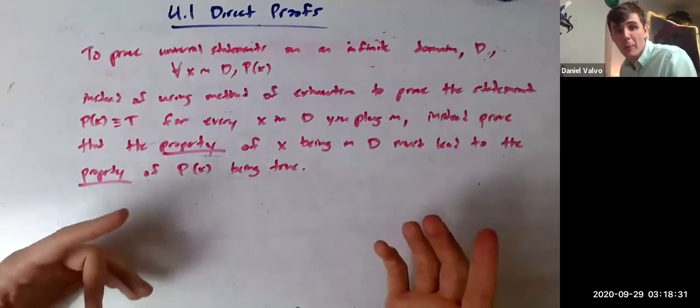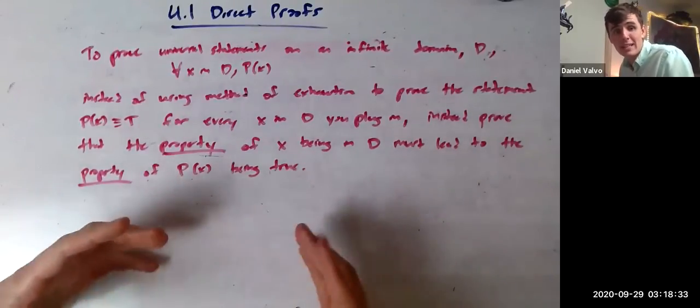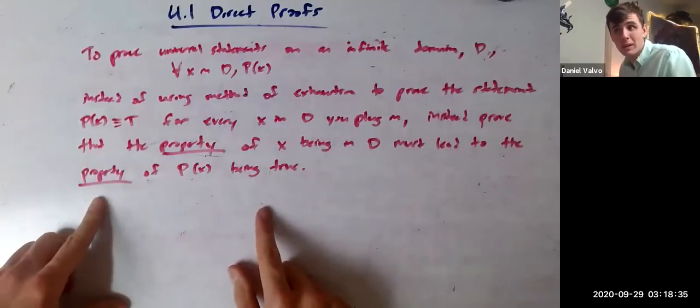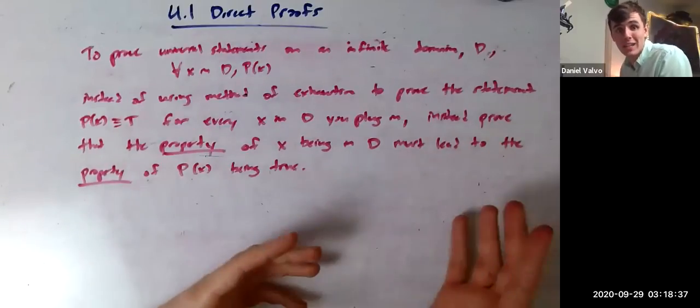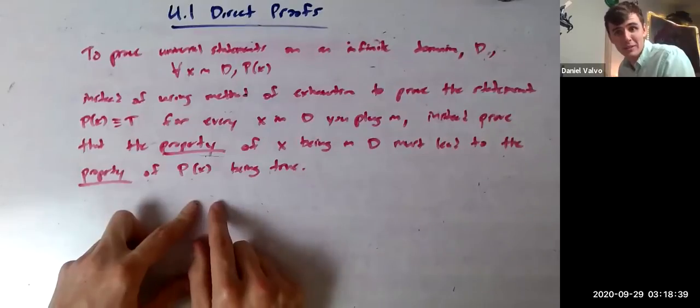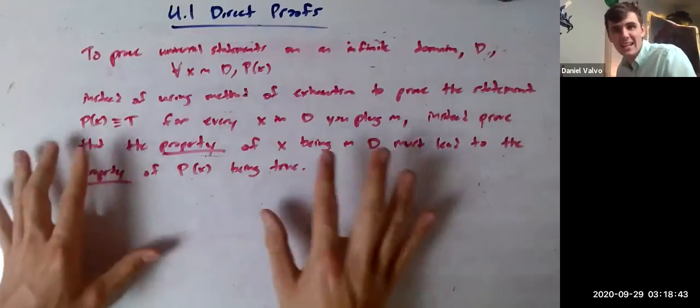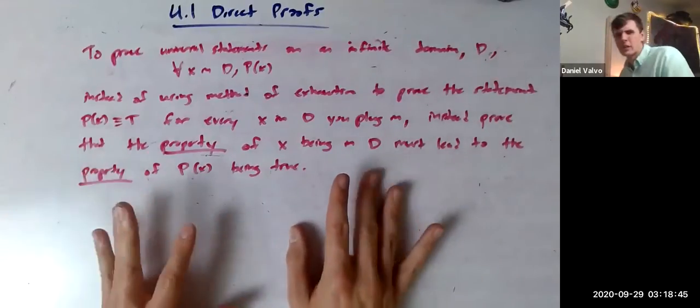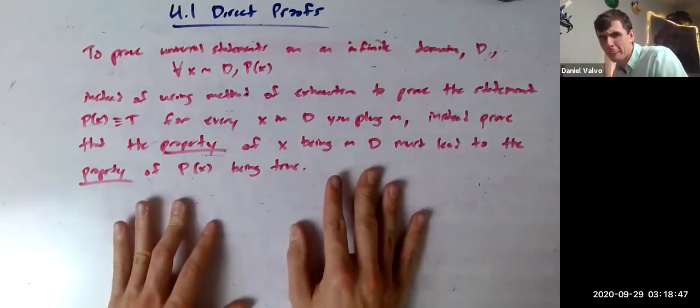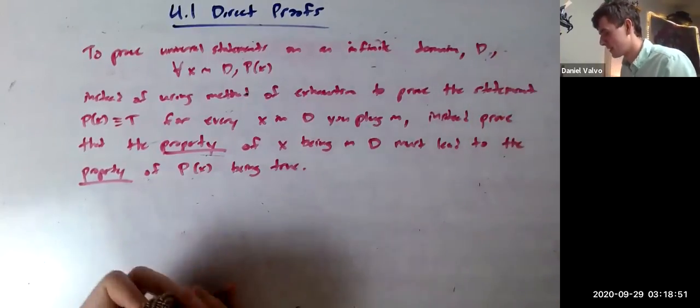Because then if you show the property of something being in D leads to P of x being true, that means that everything in D must satisfy P of x. This is the idea. We're going to do an example right now, which I hope helps you get the hang of it.